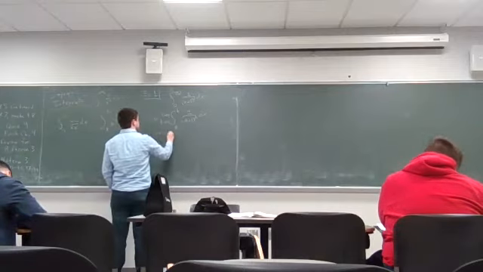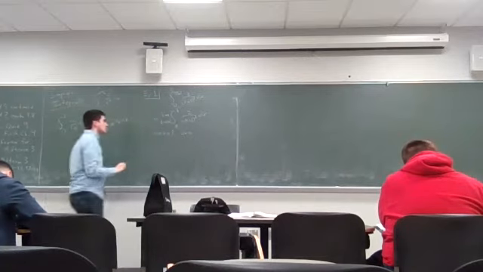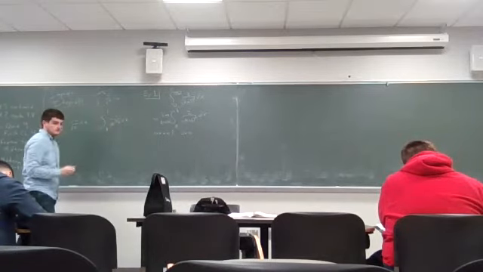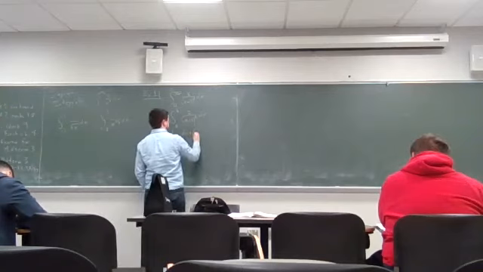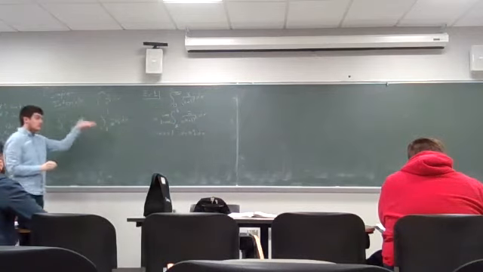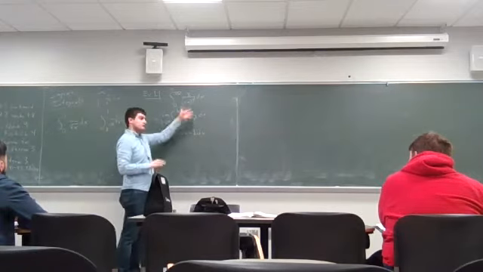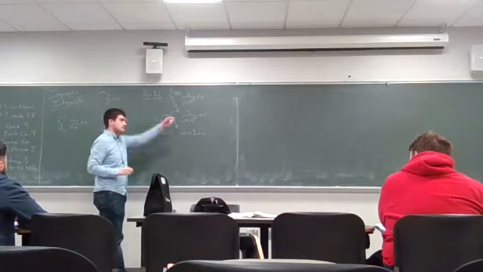Okay. And what's du going to be in this case? 1. Yeah, it's 1 because that's the derivative of x plus 1 times dx. So du and dx are the exact same thing. I can just replace dx with du and we're all good. And then x plus 1 becomes u.